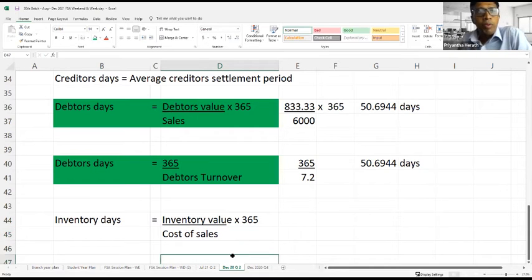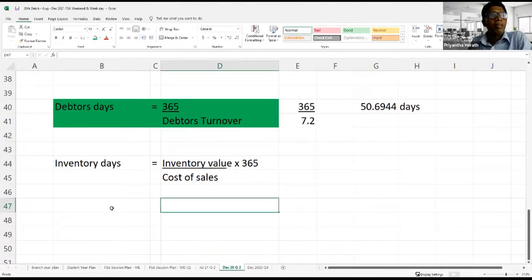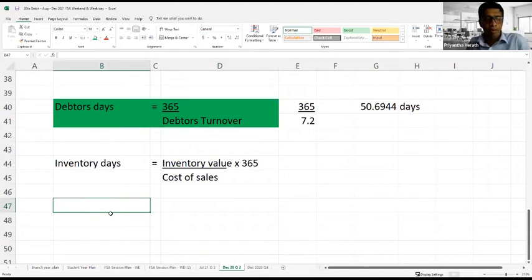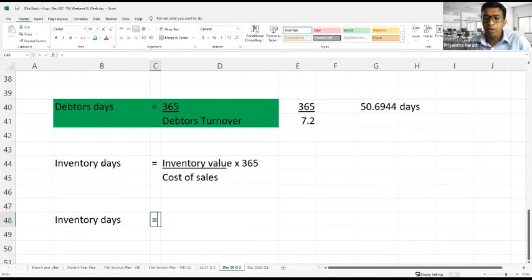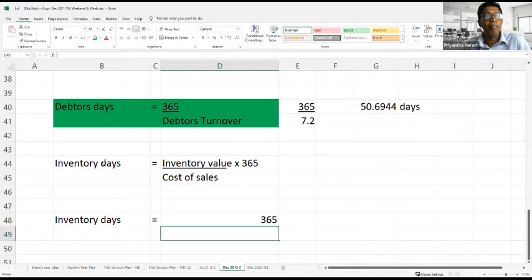This is one formula. Or we can use the second formula for inventory days: 365 divided by inventory turnover.